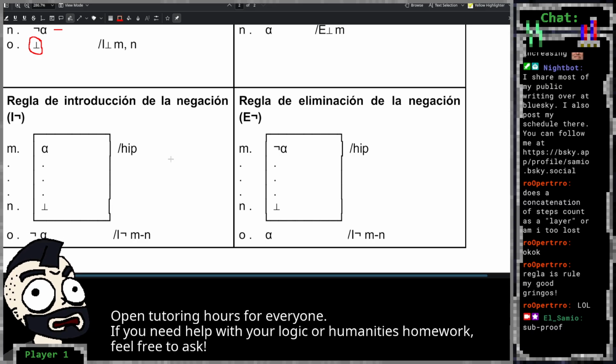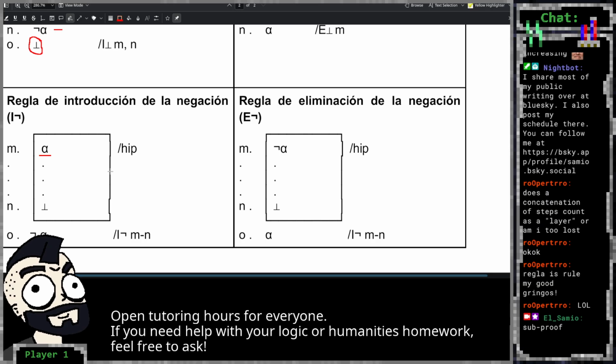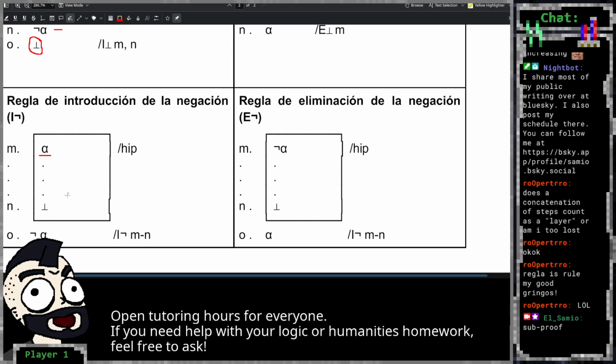What is likely going to happen, though, is that you will find contradictions inside the subproofs. And that's where the rules for negation introduction and negation elimination come in. If I start a subproof with any formula and I reach a contradiction, that means that the formula will imply a contradiction.